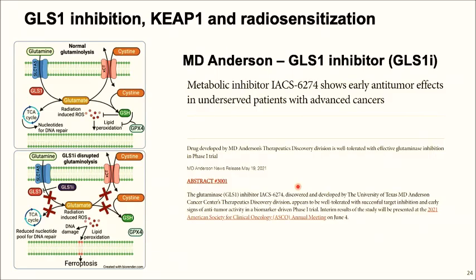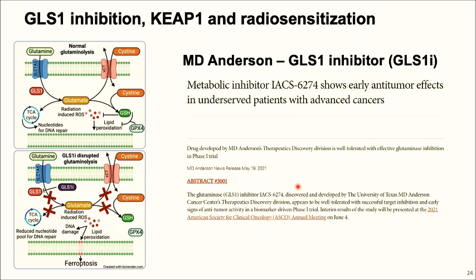At my institution, MD Anderson, we have a drug discovery platform, and there we do everything from discovering the drug to launching clinical trials with these drugs. This platform discovered a GLS1 inhibitor, which is what I will be using in most of the rest of the presentation.